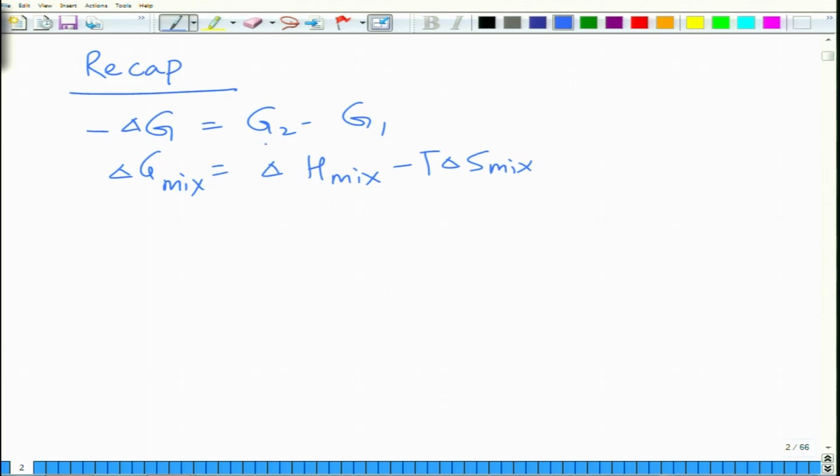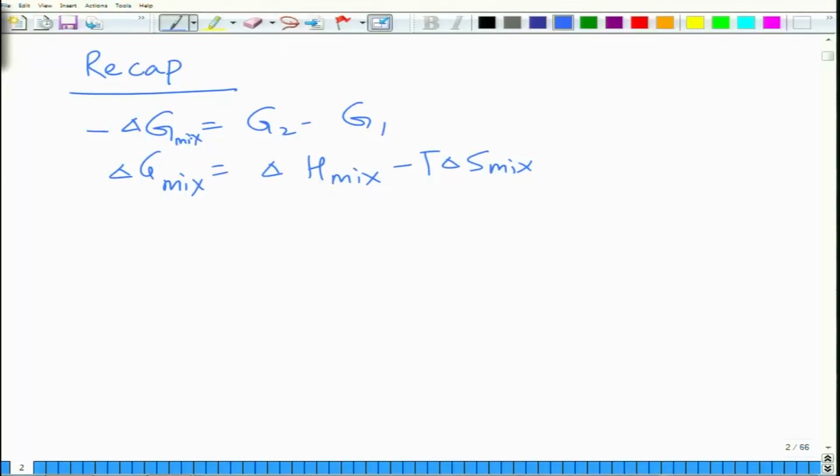For G2 to be lower than G1, which means the solution is stable, this delta G term, the free energy change upon mixing, that is free energy of mixing, is nothing but delta H mix minus T delta S mix. So delta H mix is the change in the enthalpy or the heat content of the system, and delta S mix is the change in the entropy of the system before and after mixing.